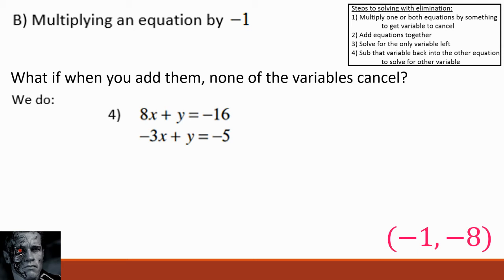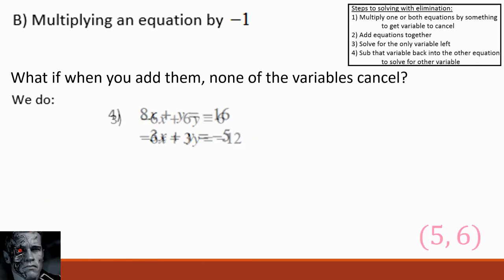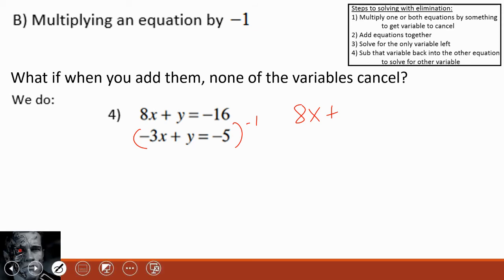Same kind of problem here. Pause it, see if you get the answer, but I'll show you how to get to the answer. You're going to multiply one of the equations by negative 1. So I rewrite the first.